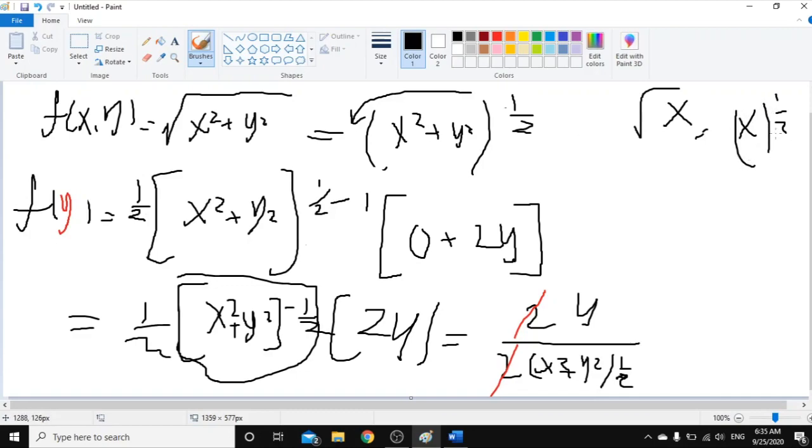If you take the derivative with respect to x here, we say 1 over 2 times x to the 1 over 2 minus 1. Also, the derivative of x here is 1, but we don't write it because the derivative of x is 1, so we don't use it. So here is the same concept. We used the chain rule because we're dealing with x and y, and the variable also is not just x. So yeah, it's different.